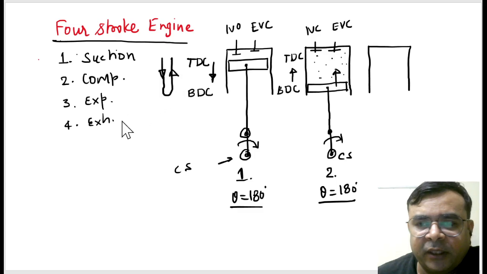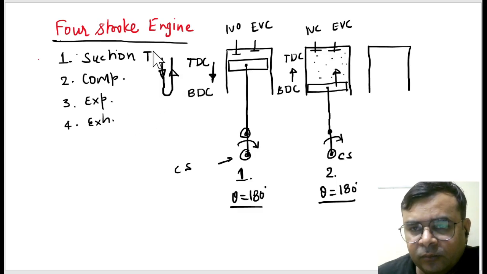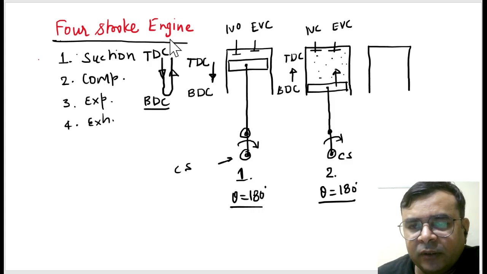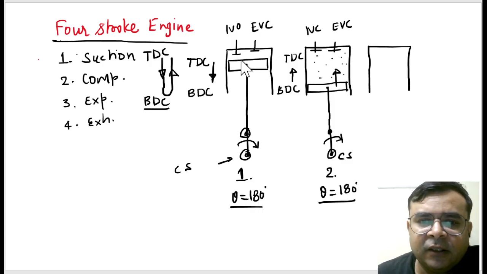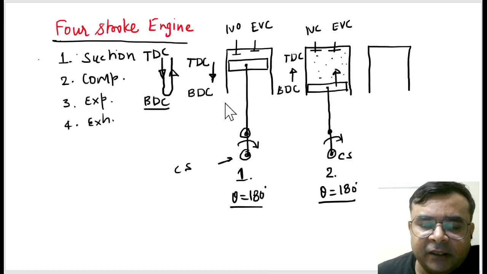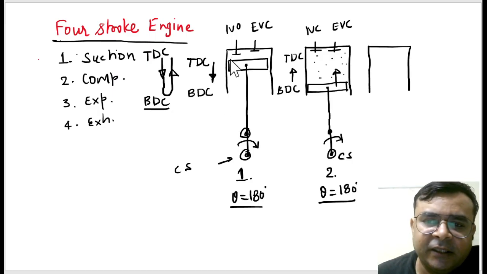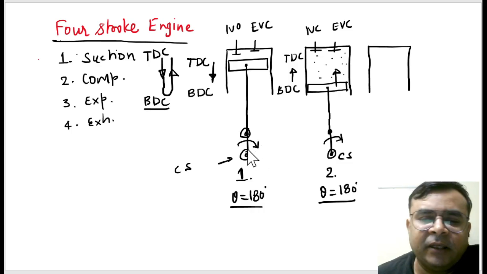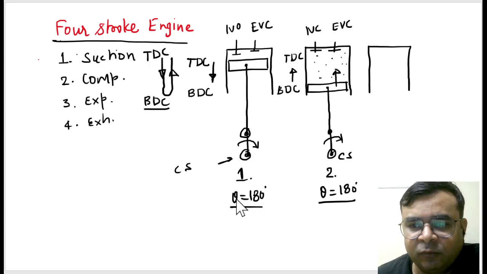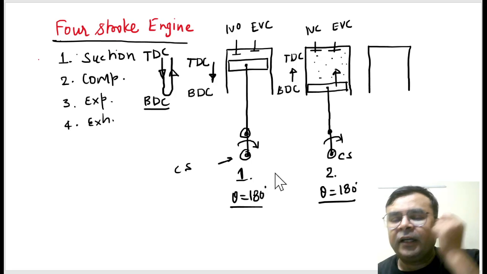The piston can reciprocate like this from TDC to BDC and from BDC to TDC. Is it right? It means when the piston reciprocates from TDC to BDC and then BDC to TDC, at that time the crank rotates by 360 degrees. Is it right? 180 degrees for one stroke and 180 degrees for another stroke. So here we have two strokes which will be completed in one complete revolution.